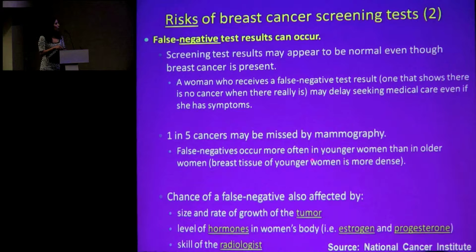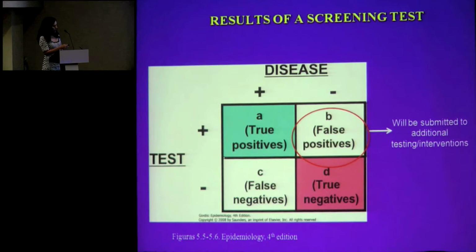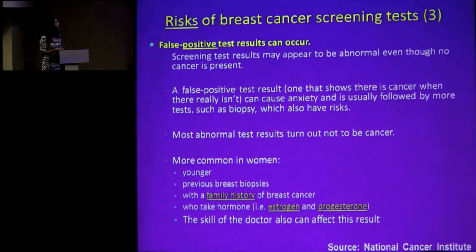False negatives occur more often in younger women than in older women, and this is also one of the reasons why recommendations focus more on older women unless they have a genetic history of the disease. And the chance of a false negative is also affected by other characteristics of the woman and the skill of the radiologist. You may also have false positives, which are people who show to be positive through the screening test but are actually not positive, but given that they tested positive, they're going to be submitted to additional testing and interventions.